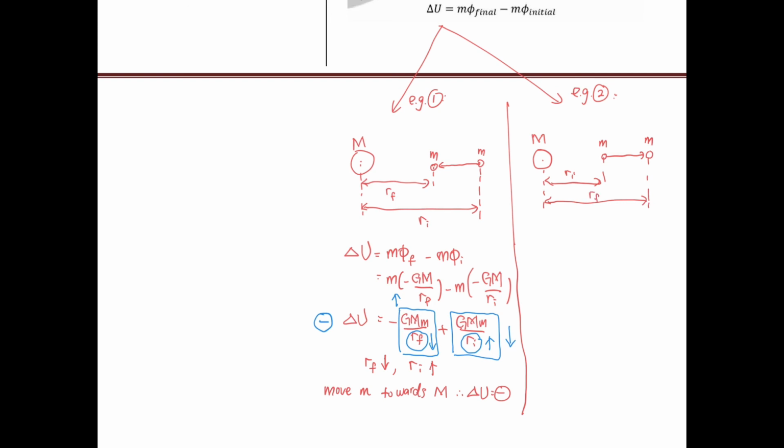So everything will be the other way around. Okay, so conclusion, move m away from M, so your delta U will be a positive value. So that is what I am trying to say. It will be a positive value. Okay, so we have done everything here, and now let's look at past year question.